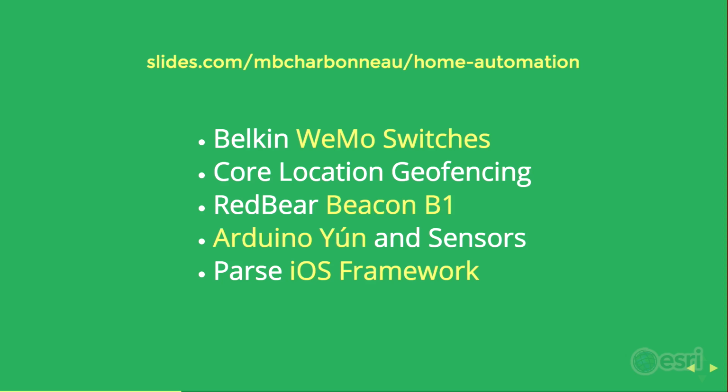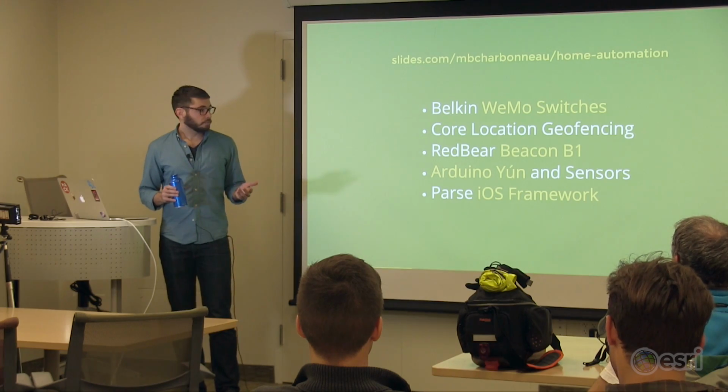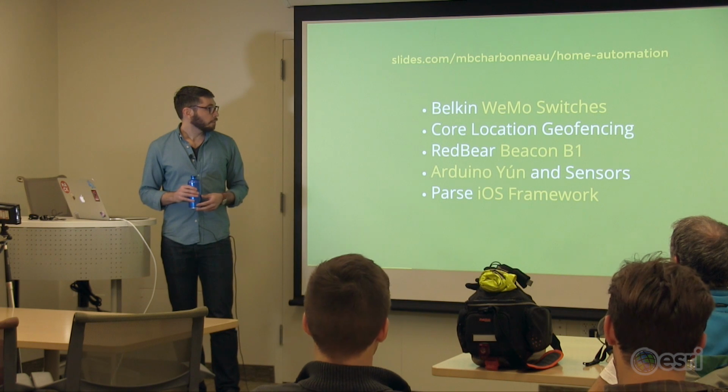So these are the pieces that I'm going to be talking about. These are what make up my app. Belkin Wemo switches are what I started with. Belkin has a whole range of products that they put under the Wemo name for home automation. Core Location geofencing, I use that for location awareness in my app.